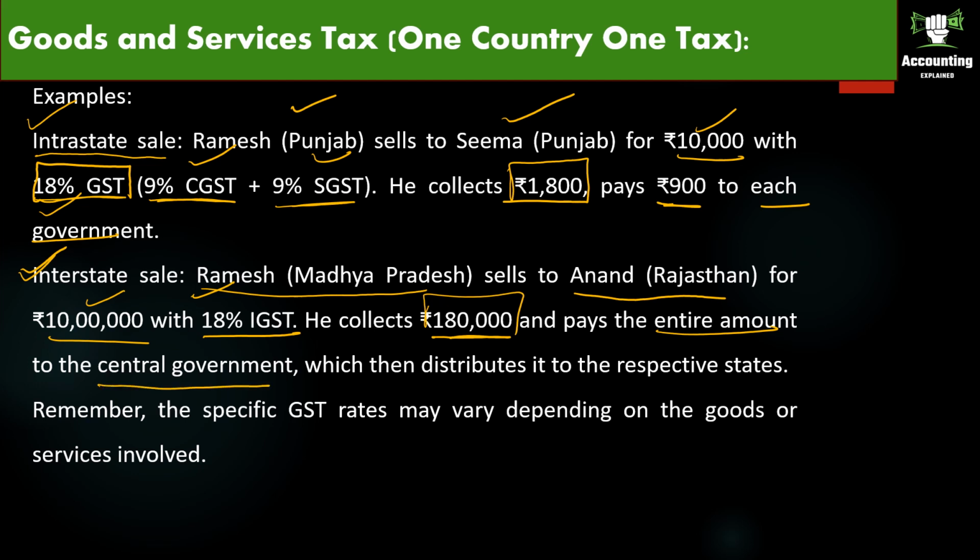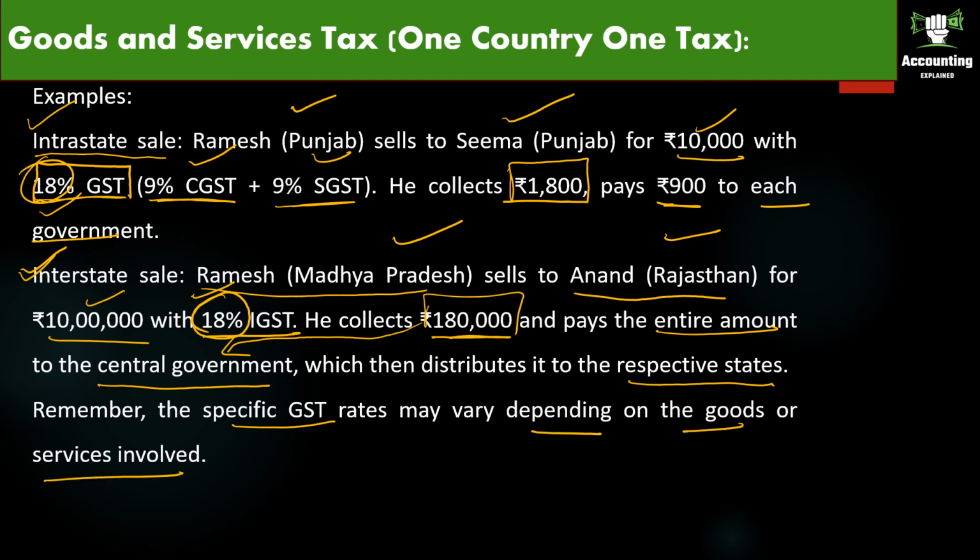First, the central government will collect the whole 1,80,000 and then distribute it to the respective states, both Madhya Pradesh and Rajasthan. Remember, this is not a single GST rate. The specific GST rates may vary depending on the goods or services involved.